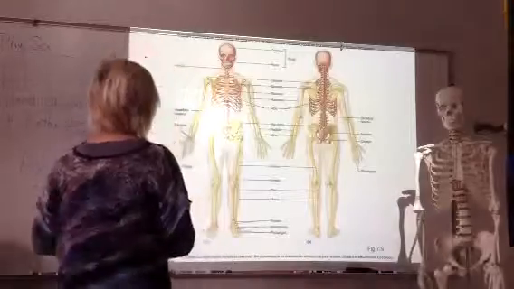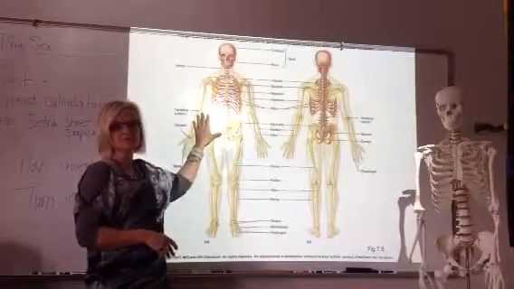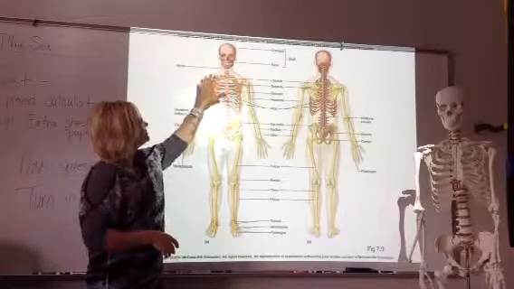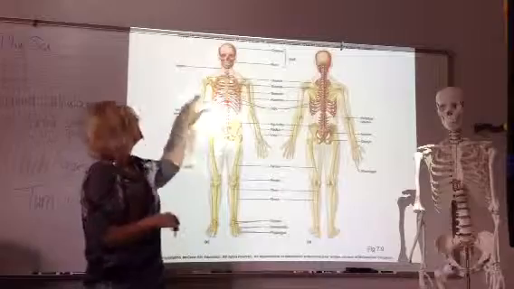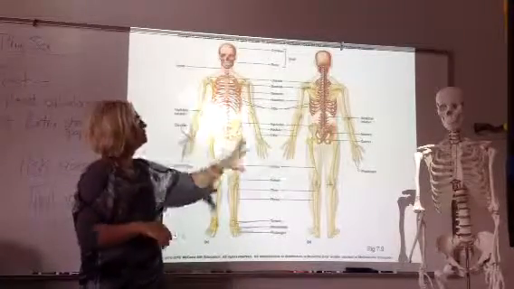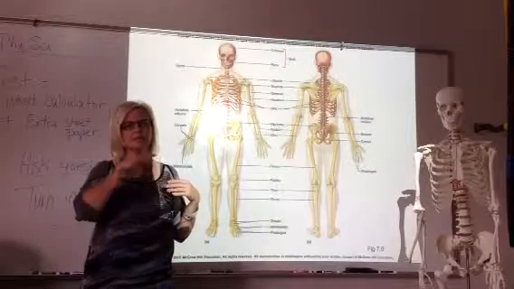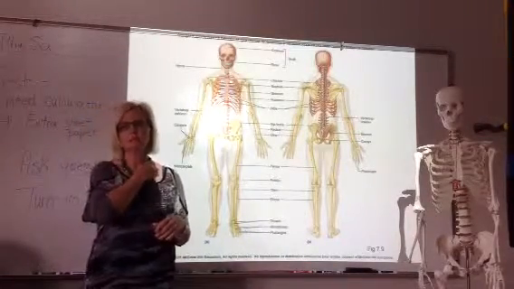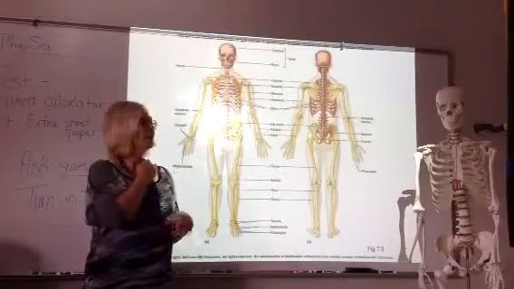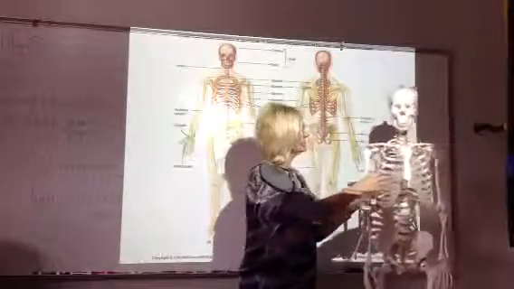Parts. This is a practice. So cranium and the face together make up the skull. Hyoid bone, most of your classroom skeletons don't even have that on there. But like I said, it supports your tongue. Clavicle, collarbone. And that is the most broken bone in the entire body.